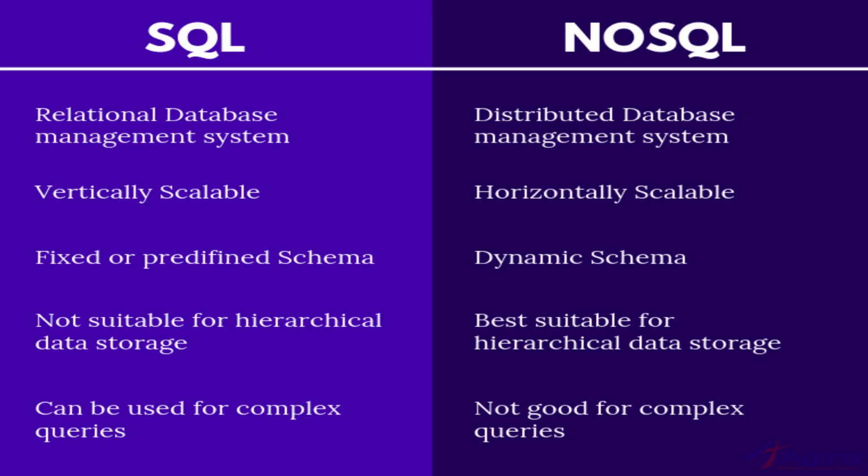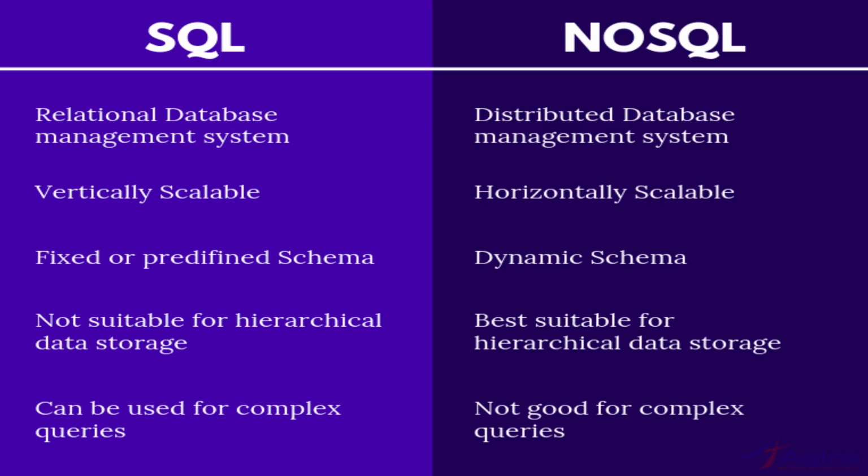Now coming back to SQL, well, SQL is vertically scalable. So what actually happens in SQL is that data is stored in forms of tables, alright? So it's very easy to count how many rows there are in the table and stuff like that. So it's very scalable that way.